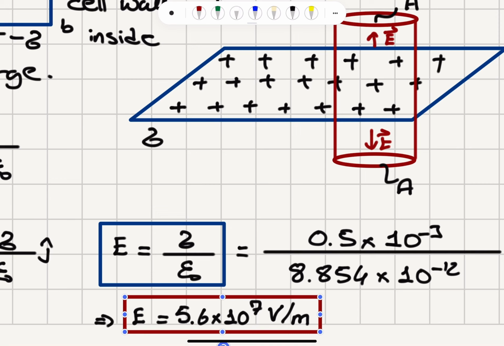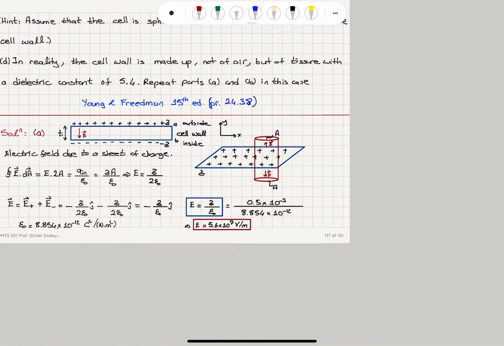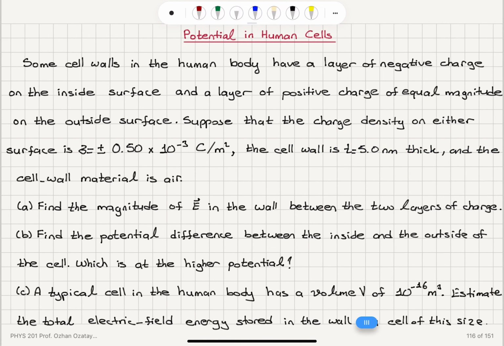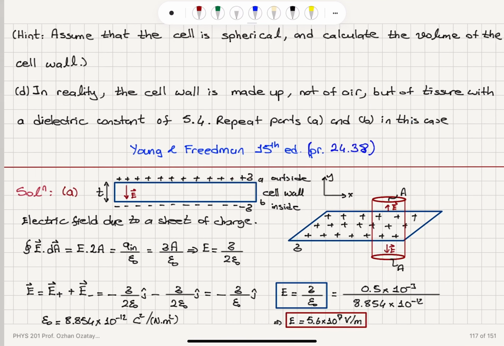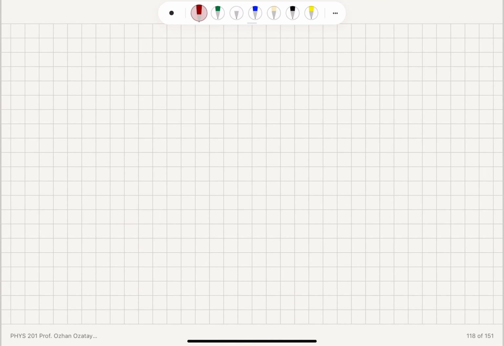All right. Now let's move on to part B of the problem. Part B, find the potential difference between the inside and the outside of the cell, which is at the higher potential. So let's see the potential difference between the inside and outside.